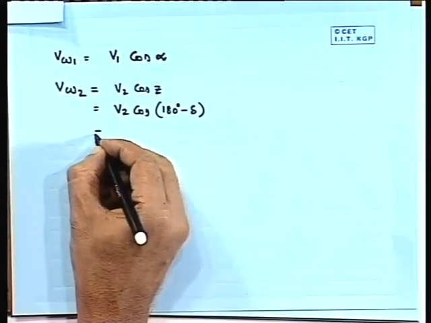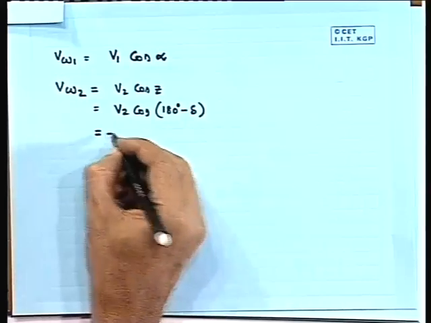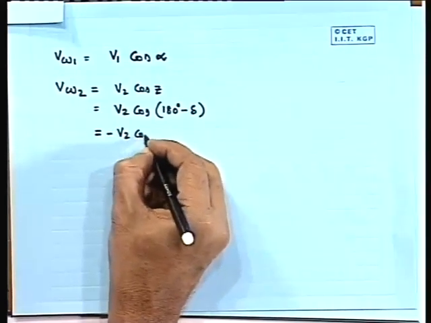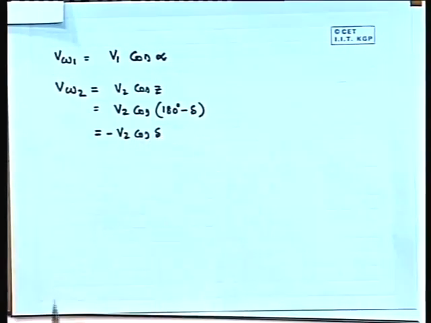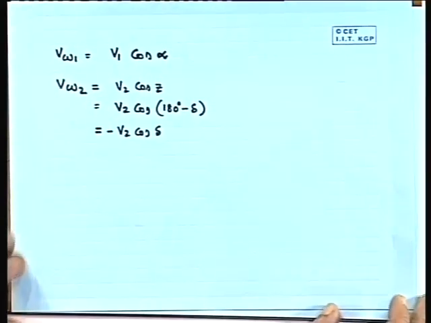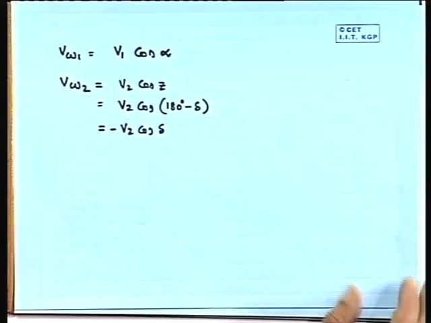So, what we will get? Minus V 2 cos of delta. So, the magnitude of V omega 2 will be V 2 cos delta.